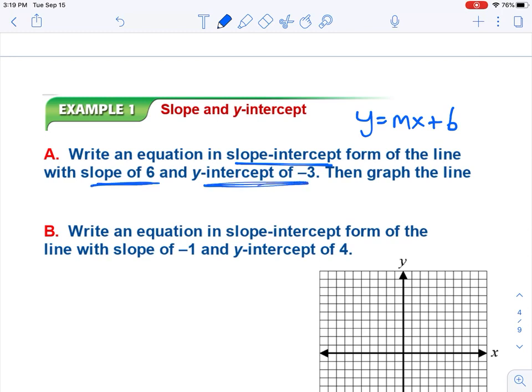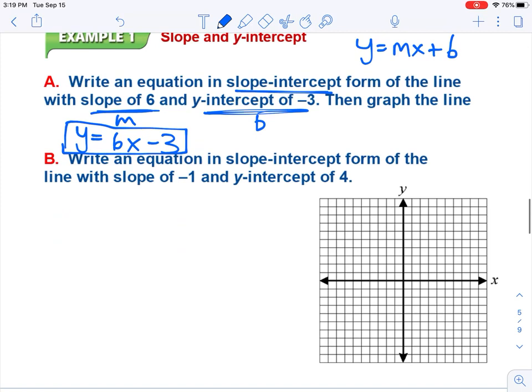So all we have to do is plug in m and b to our equation. Y equals 6x minus 3. And we also should graph this. So it crosses the y-intercept at -3. And the slope is 6, so we go up 6, run 1, and this is the equation of our line graphed.